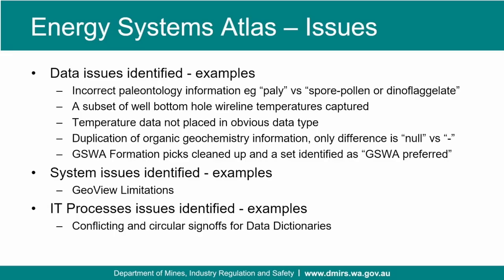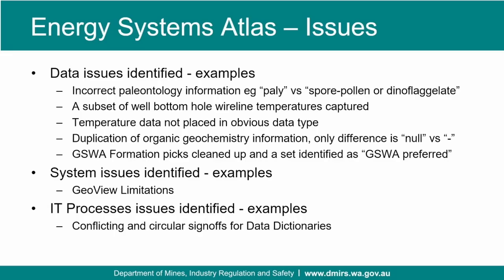If you were looking for bottom hole temperatures from wireline runs, they're actually under mud and not logs. There's been duplication of data with only very small differences, such as null or a dash. And we've cleaned up the GSWA preferred formation picks and identified them as GSWA preferred.